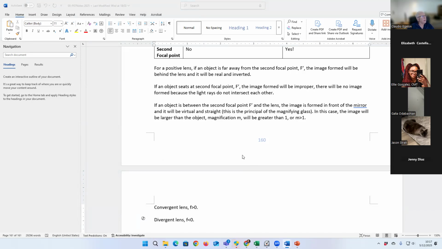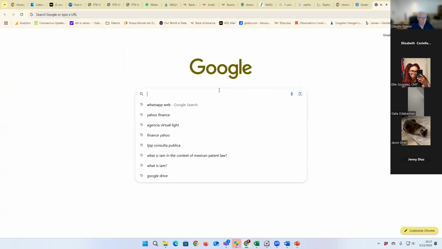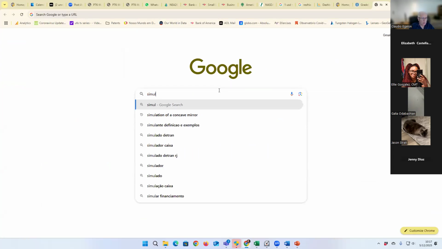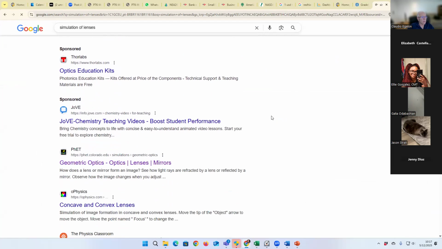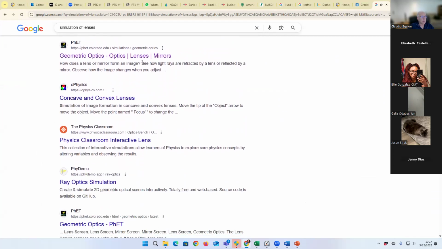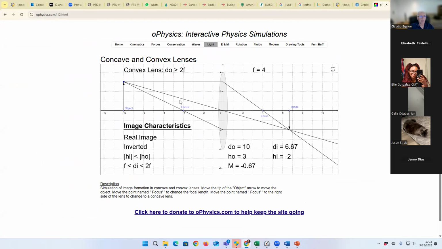To learn more about that, you can go to our simulation of lenses, geometric optics. Let's see, I don't like this one, I like maybe this one here. Yeah, here you go.